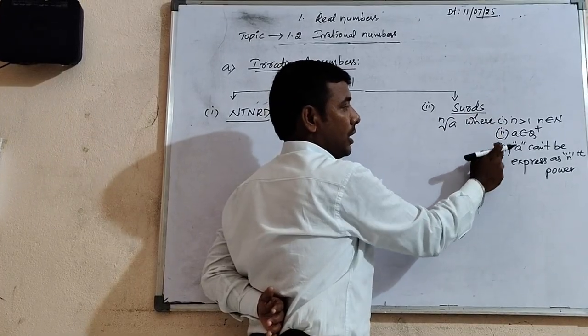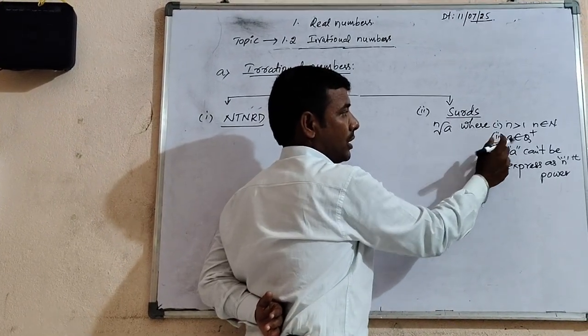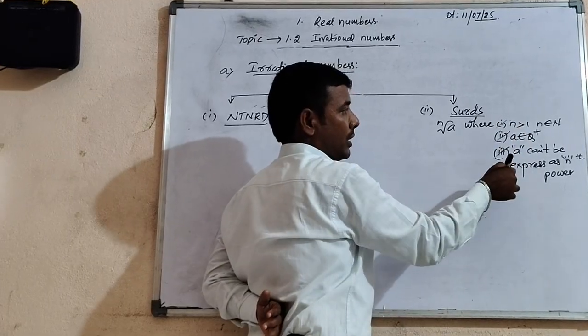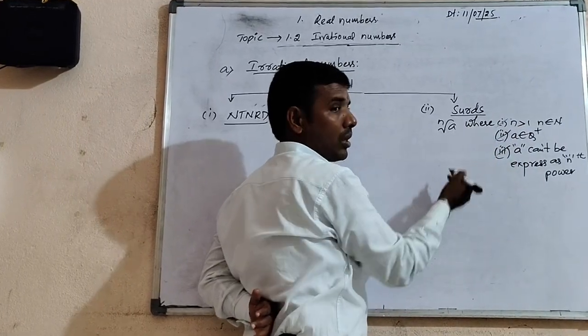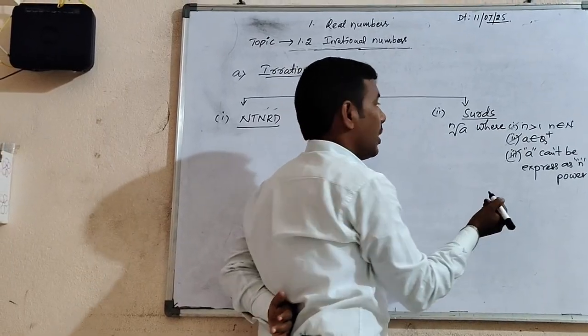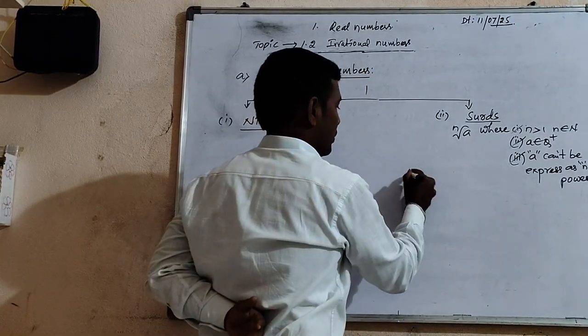But based on these three conditions, all are compulsory. If any condition fails, that is not called a surd. I think understood. For example, we will discuss examples next.